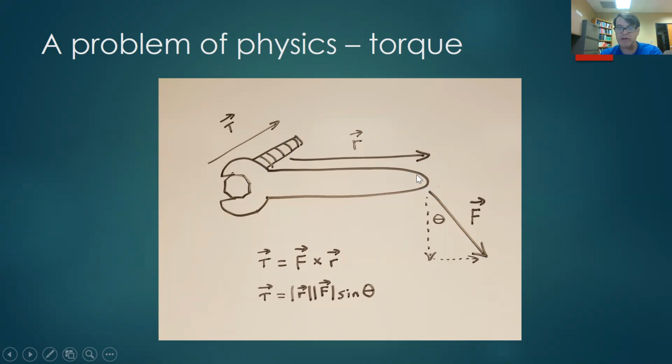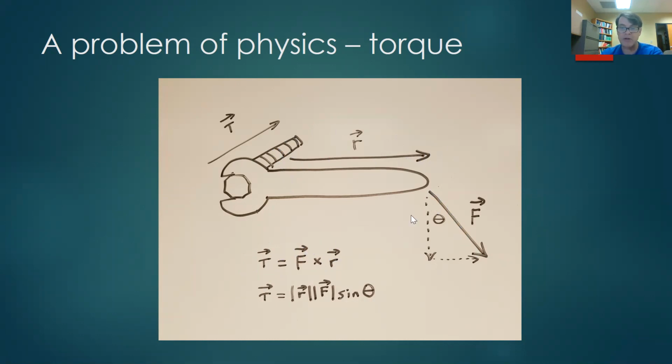So the cross product is what's called torque. That's a tau, a Greek letter, with an arrow over it, which indicates it's a vector. So this is a vector product, not a scalar product. It is going to be the vector product of the force vector and the distance vector here, r. The force vector cross the r vector is going to give us the amount of torque.